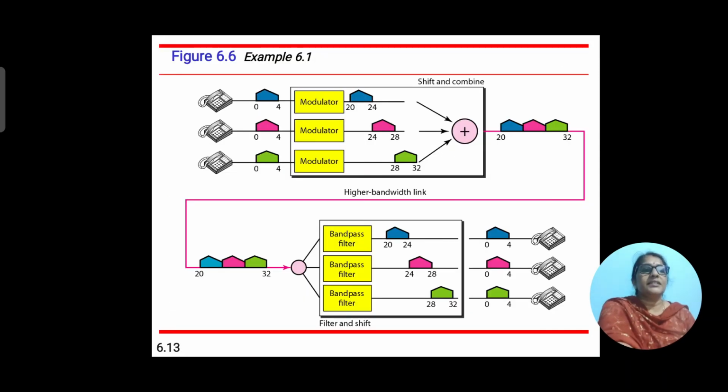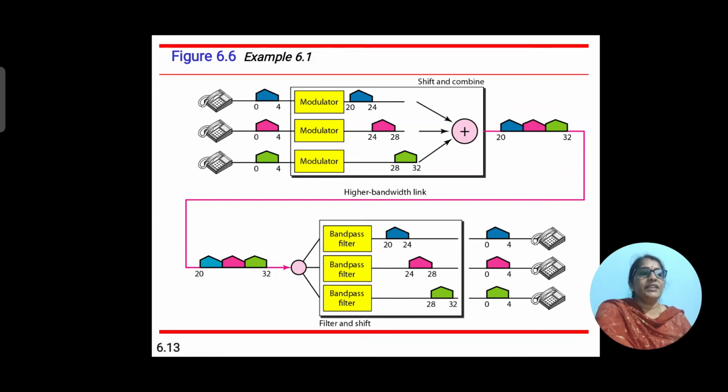So, as shown in this particular slide, we have the signals. The first signal is in 20 to 24 kilohertz, the second one is from 24 to 28 kilohertz, and the third is from 28 to 32 kilohertz.